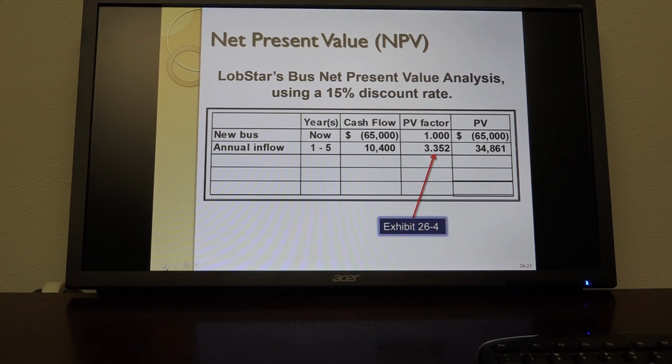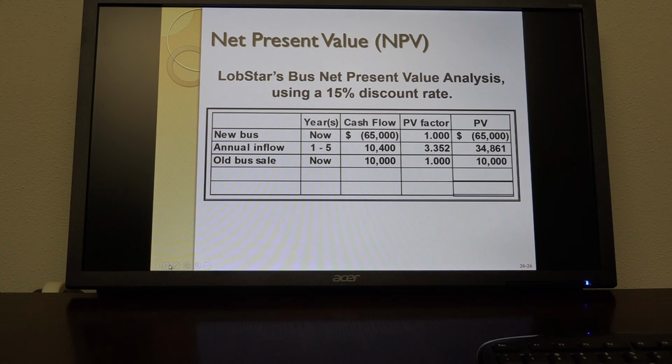Again, it's a 15% discount rate over 5 years, and just like in our previous example, your present value factor is going to be 3.352. So the present value of cash flow of $10,400 over 5 years at a discount rate of 15% is $34,861.